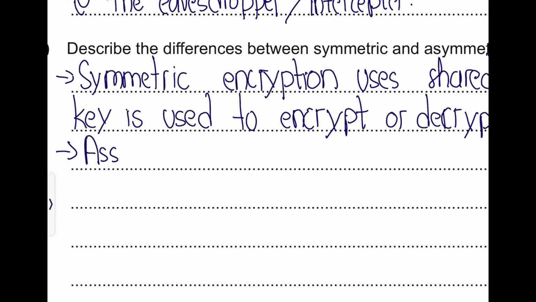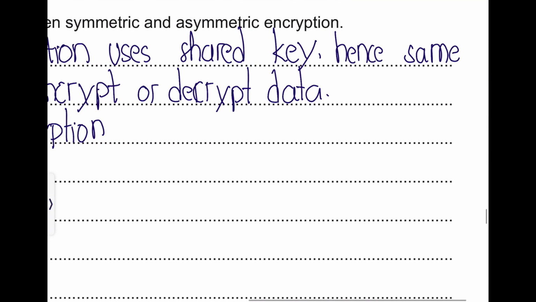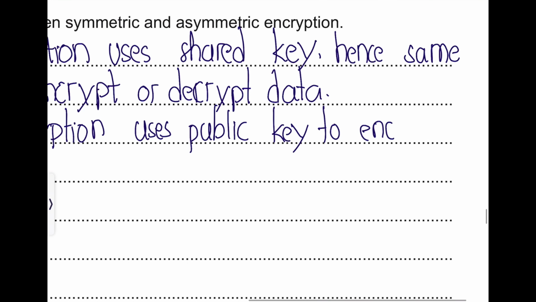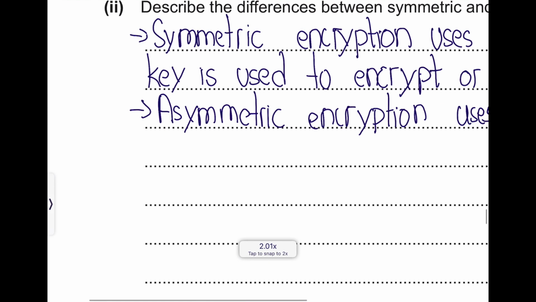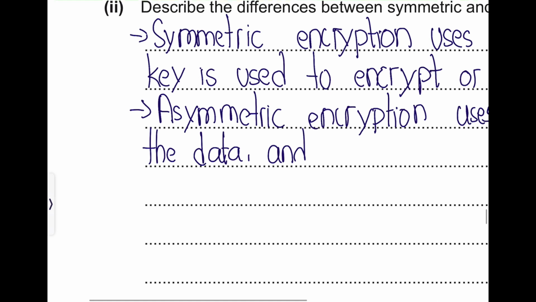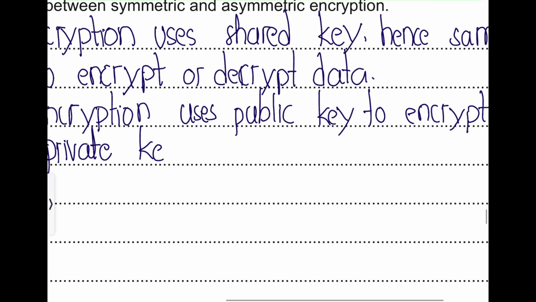Asymmetric encryption uses a public key to encrypt the data, and a private key to decrypt the data.